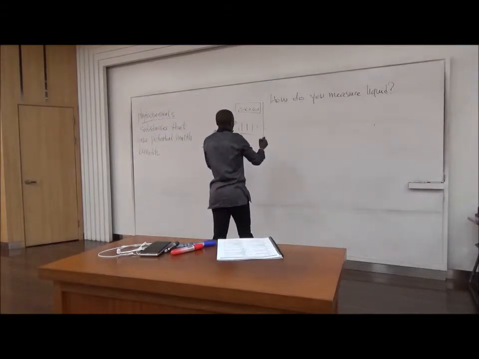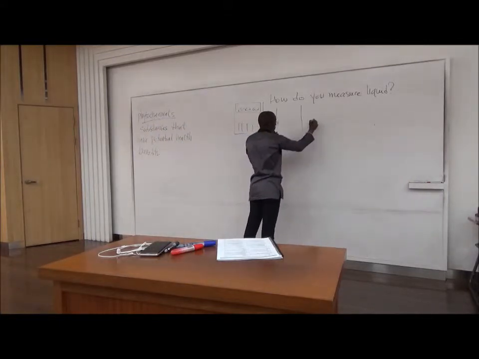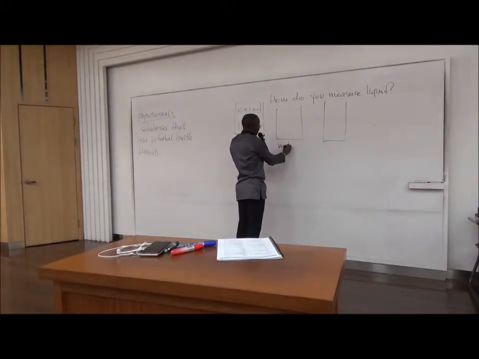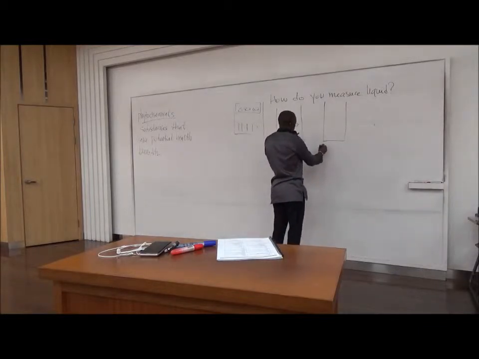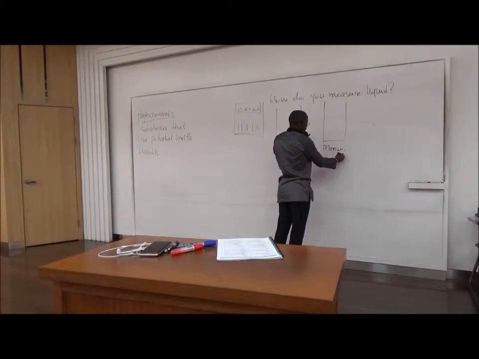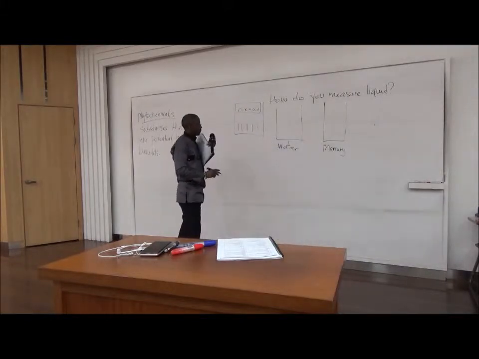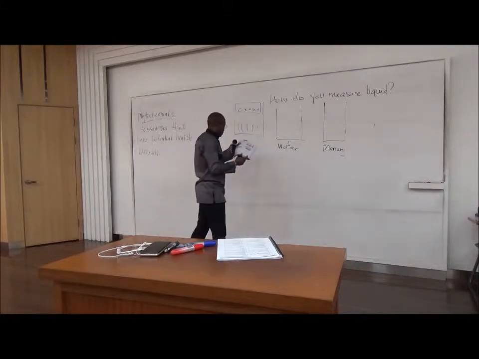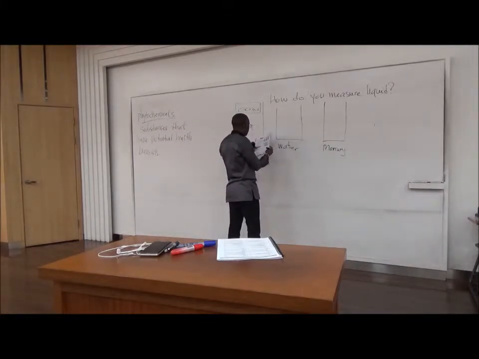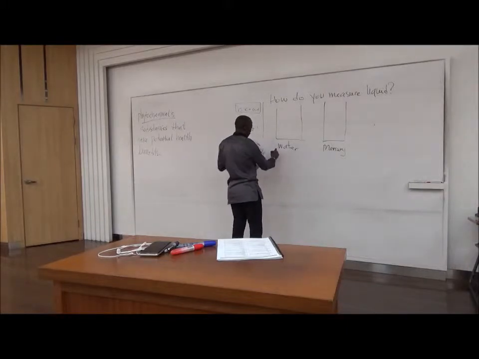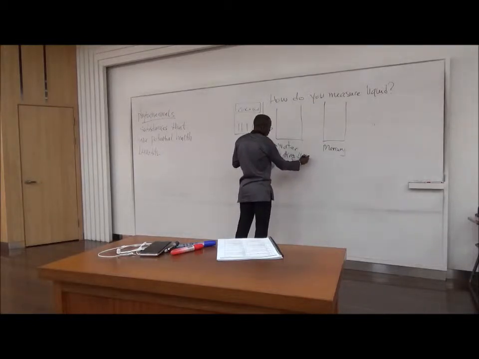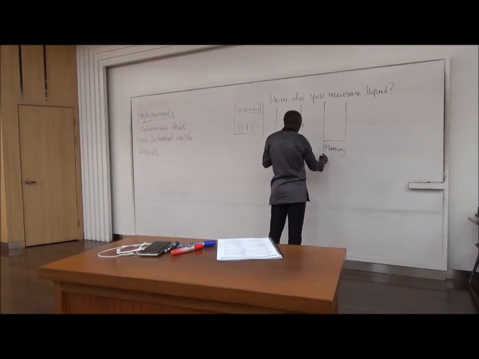So here, let's put it this way. Here, for example, I have water. Here I have maybe mercury. Okay. Here we have two types of liquids. All right. So the water is what we call a wetting fluid, and this one is the opposite, right?